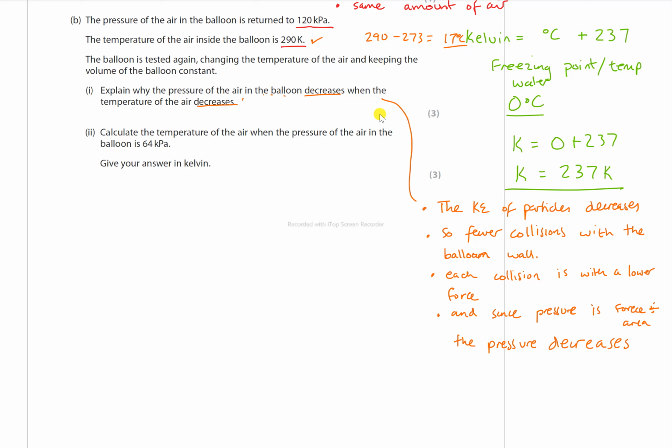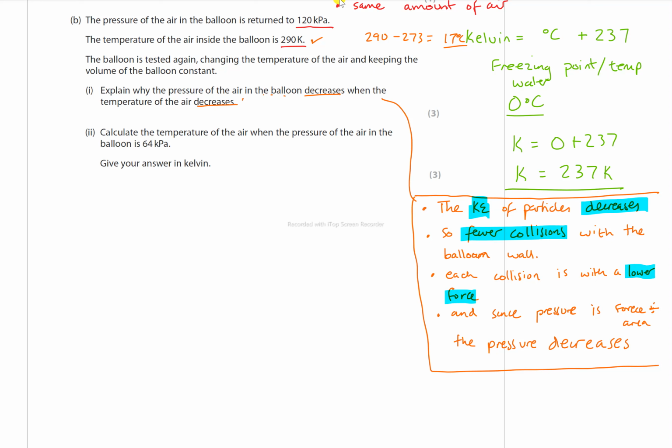So look, this here is a similar answer to one of the previous questions. What you need to do is look at this graph here. This is how I taught the little ones at home. The kinetic energy decreases. So that means that there's fewer collisions and with lower force.